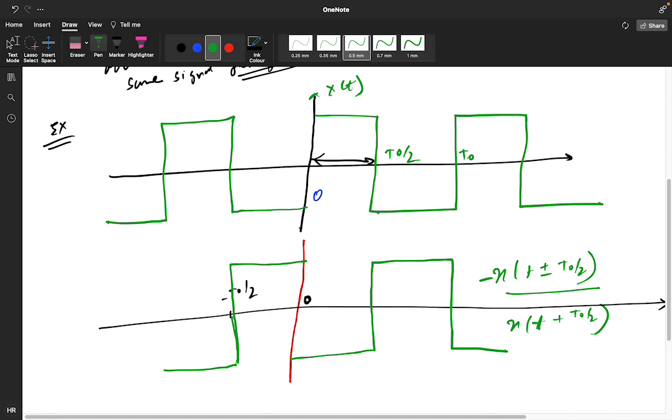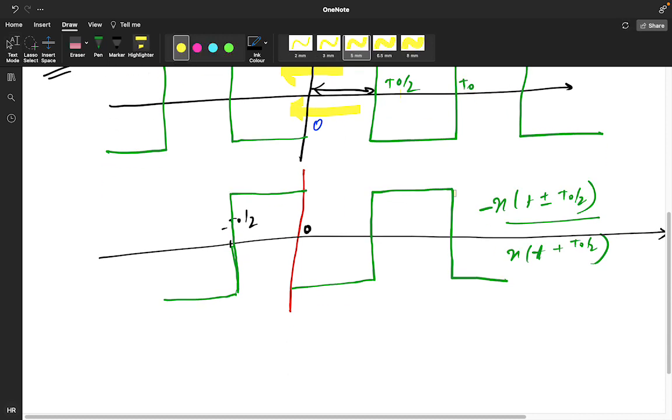Okay, that means your signal is shifted by t naught by 2. We move this signal by t naught by 2, so the 0 is drawn here, and we get a signal like this.